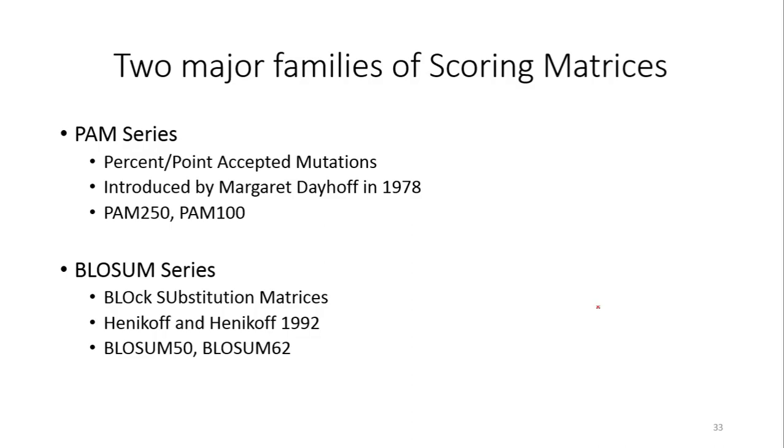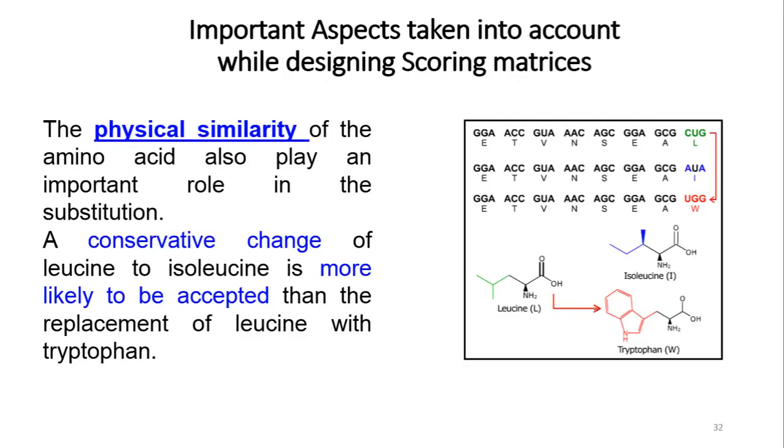Good. So now I hope you are comfortable with the concept of what a scoring matrix is, what the values present in your scoring matrix are, and how exactly the values should be.